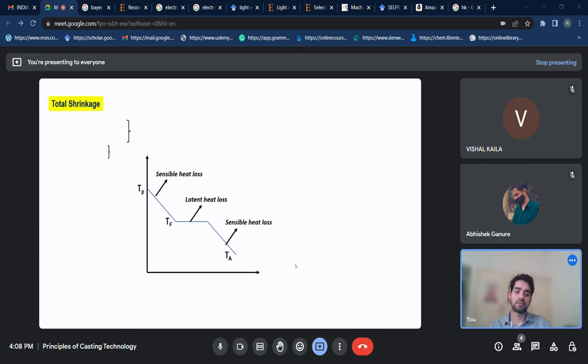So firstly, if we talk about the pattern allowance, what is it? Pattern allowances play an important role in obtaining adequate patterns. Whenever we are making a pattern, basically it is a replica of a device which is produced by the casting process. When molding in the sand, this forms a mold.